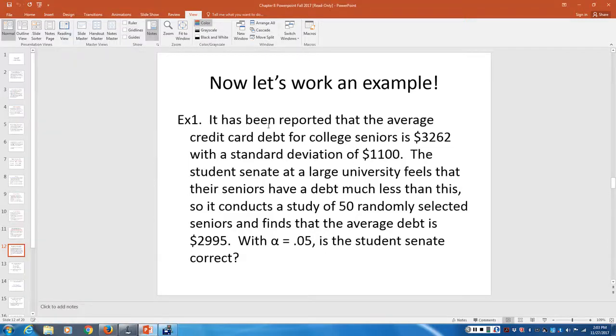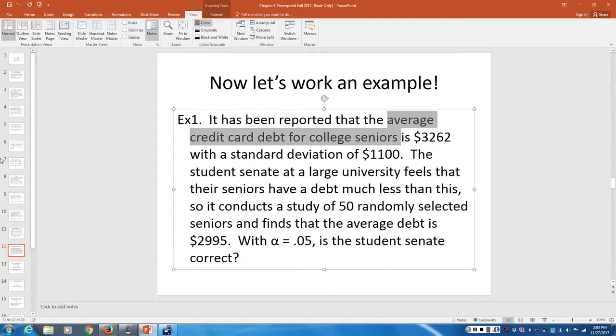Did they make a claim about a proportion or a mean? A mean, because it says the average credit card debt for college seniors. What do they claim the mean is? What do they think the value of 3262 is? They think that's mu, okay?